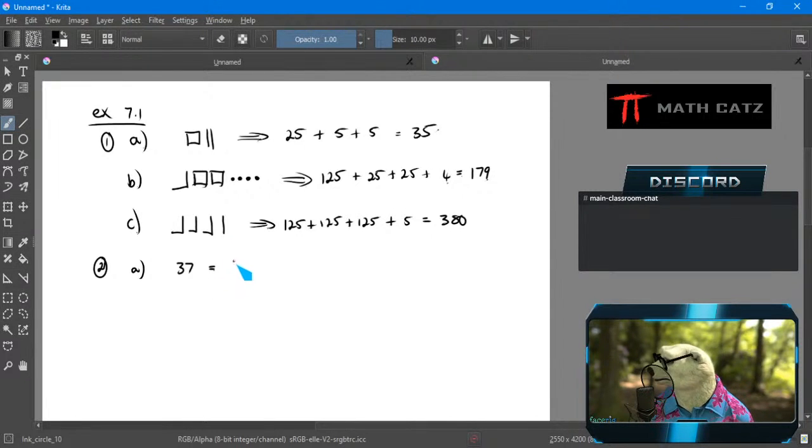I can definitely use a hand. That accounts for 25, and I have 12 left. So I can use a couple of fingers for 10, and then a couple of rocks.